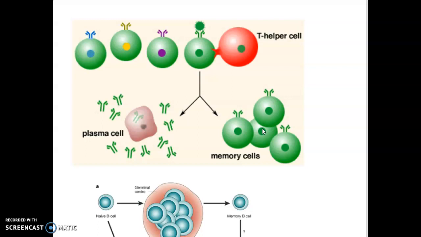So for example, if you had a vaccine for chickenpox, which will cause the memory cells to be made, or you had the chickenpox, if you again come into contact with someone with chickenpox, that virus may enter your body, but you'll never know it because these B memory cells will proliferate very quickly and produce antibodies very quickly in huge numbers, 100, 1,000 times more antibodies than the first time you were sick.